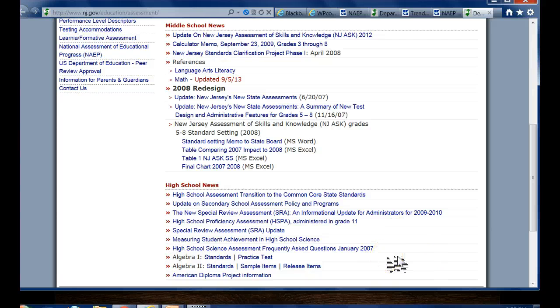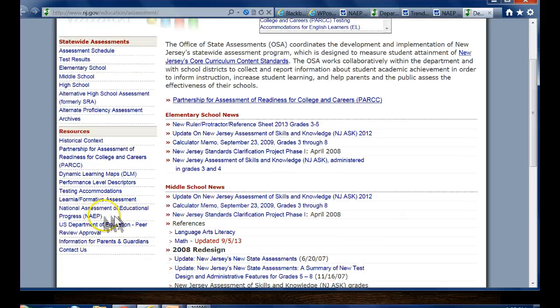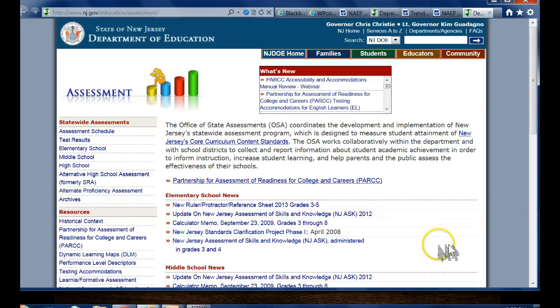Okay, so now you know what SRA stands for, you know what HSPA stands for. Look, there's the NAEP that I just showed you the website for. And if your students are individuals with disabilities under the Individuals with Disabilities Education Act and are unable for any reason to take the HSPA, they will be taking the Alternative High School Assessment, formerly SRA, or the Alternate Proficiency Assessments.